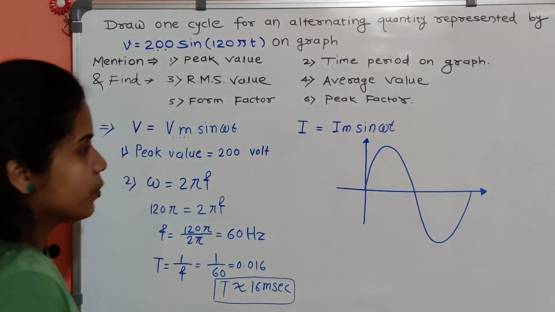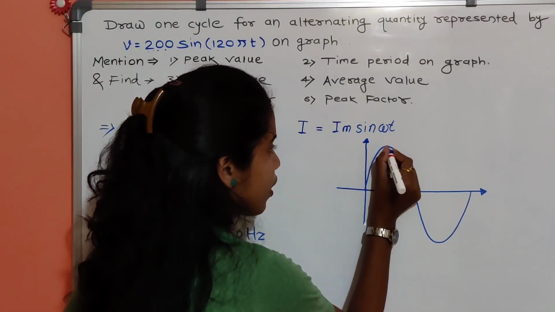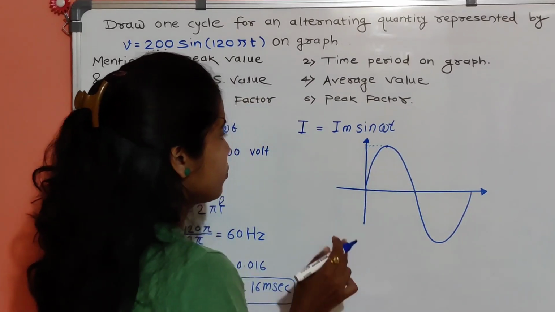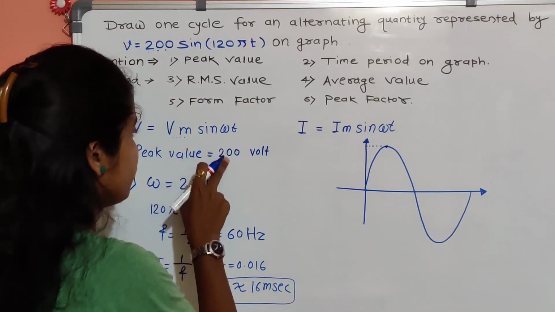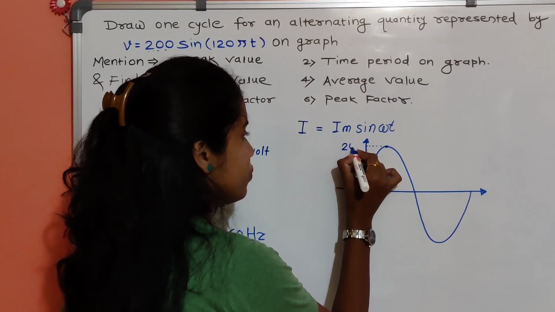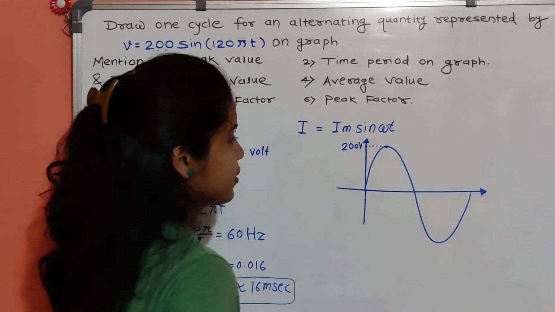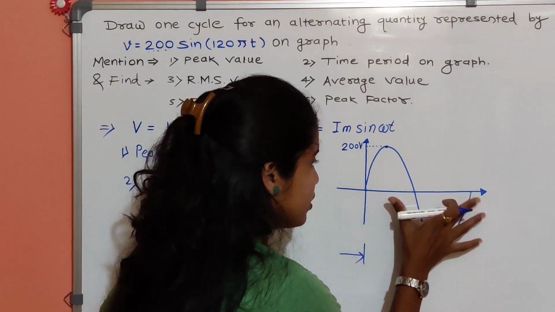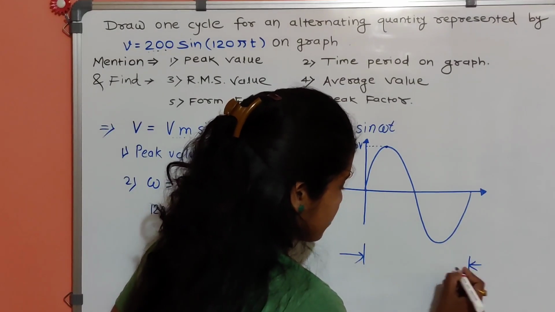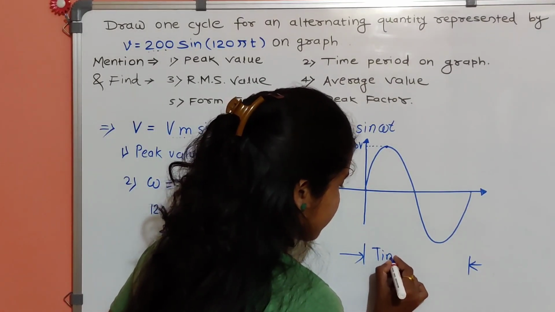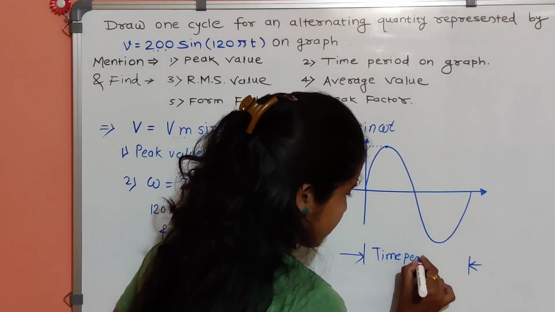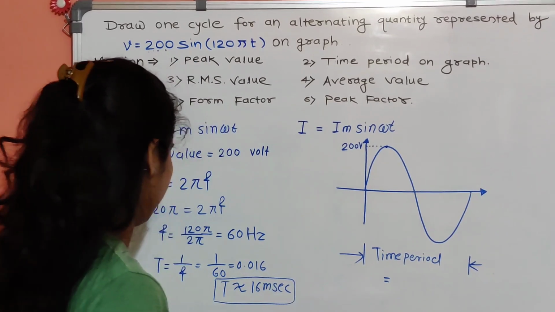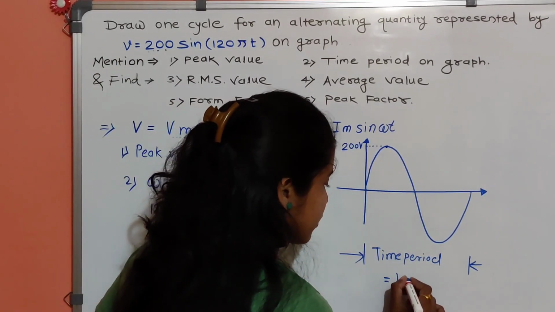At this point we get the peak value, meaning the maximum value. So the peak value is 200 volt, mention 200 volt on the y-axis. Next, time period, the time taken to complete one cycle. This part is the time period, that is equal to 16 millisecond.